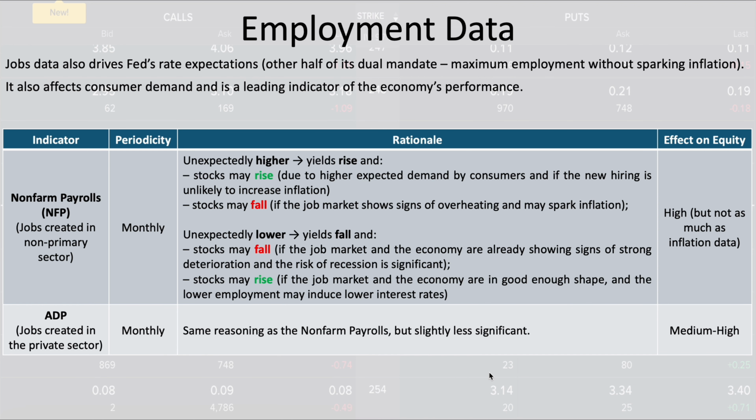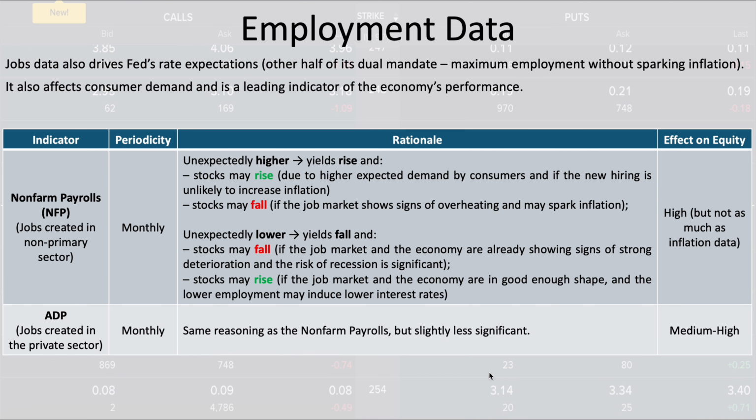But there can be a more uncertain effect on stocks. On one hand, they may rise if the expected demand by consumers increases, and even though that happens, it's very unlikely to increase inflation above the Fed's target. Basically, if it's unlikely to increase inflation above the Fed's target, that means interest rates are not likely to be higher in the future, and so that's good for stocks.